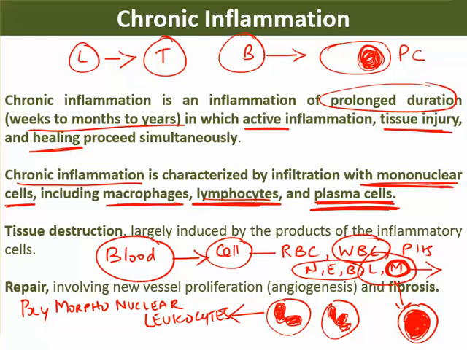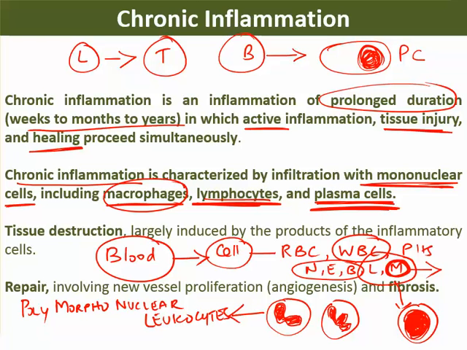Lymphocytes are of two types, T lymphocyte and B lymphocyte, and from the B lymphocyte we get the plasma cell. Macrophages we get from the monocytes. So these are the cells involved in chronic inflammation.